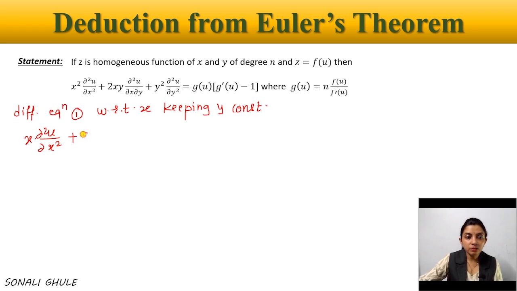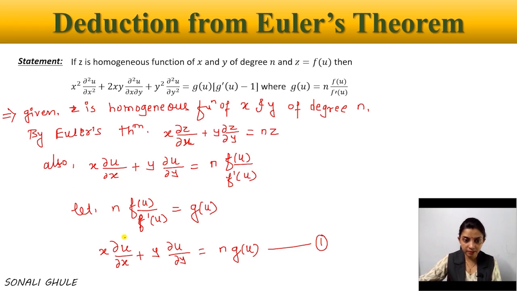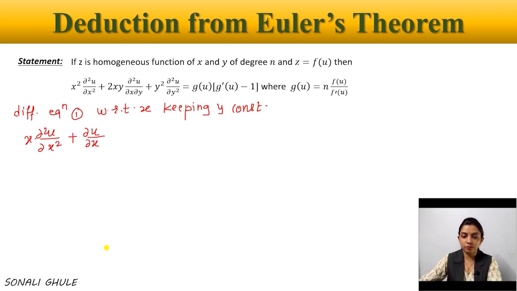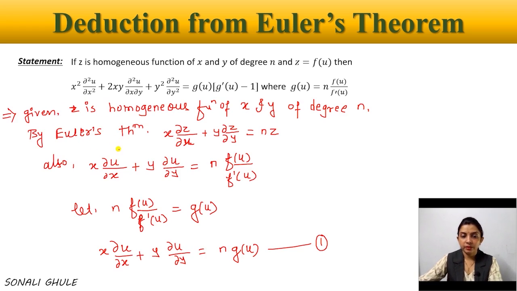Plus, if I keep ∂u/∂x constant, the derivative of x is 1.